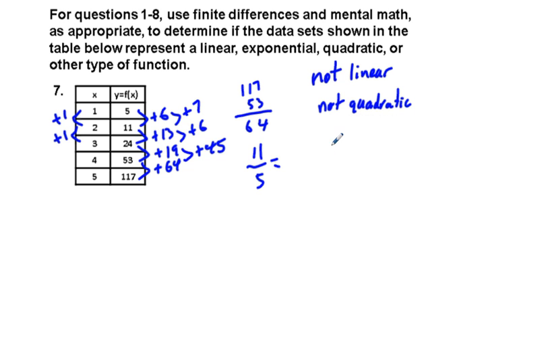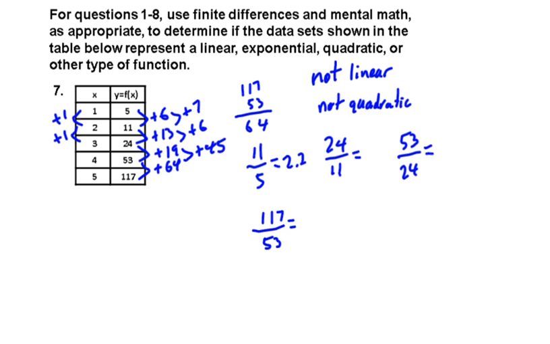Do we see that? 24 over 11. What is that? 53 over 24. Now they look like they're going to be a little over 2, all of those. This one's going to be 2.2. This one here is going to be a little over 2.2. And the last one we have is 117 over 53.